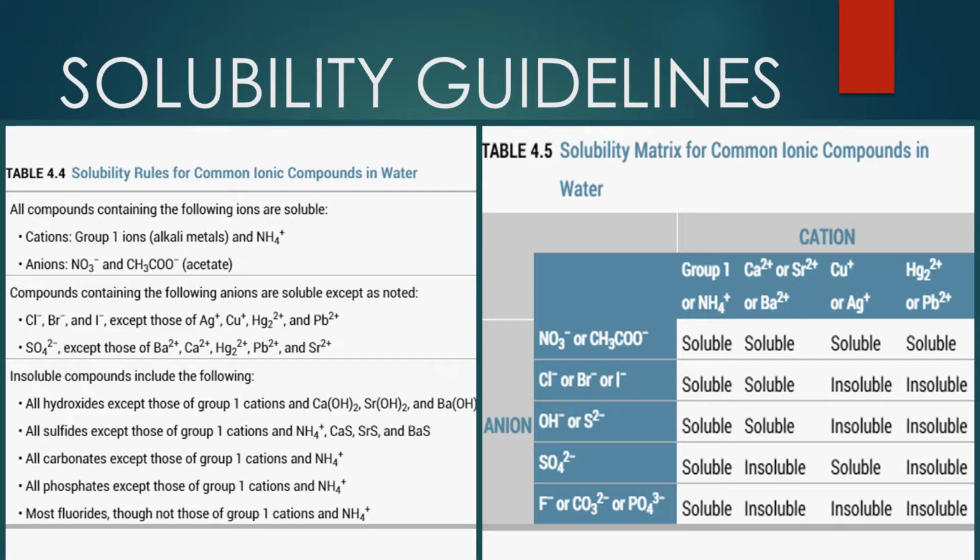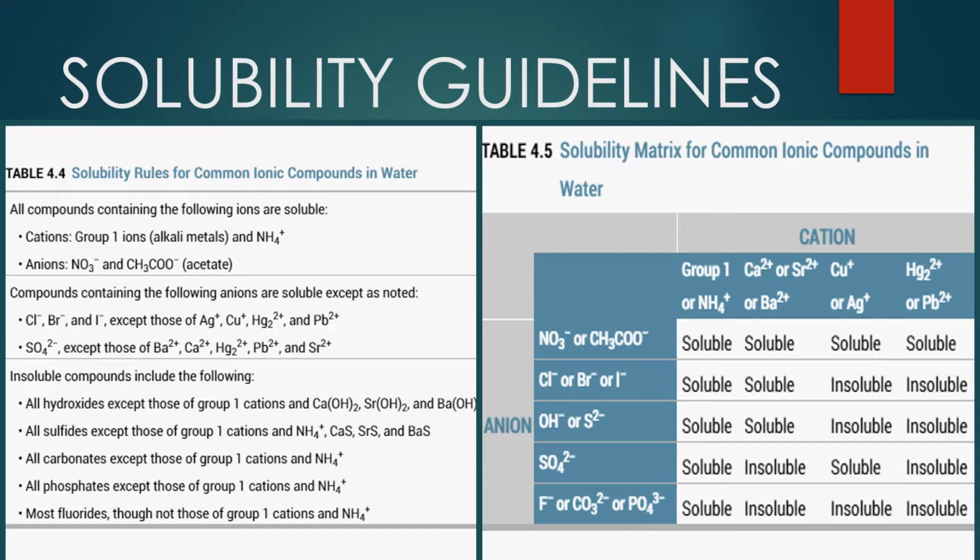Then carbonates are insoluble unless they're paired with group 1 cations or ammonium. Going back to rule number 1, the soluble cations, which are the group 1 ions and ammonium, that trumps any other rule.